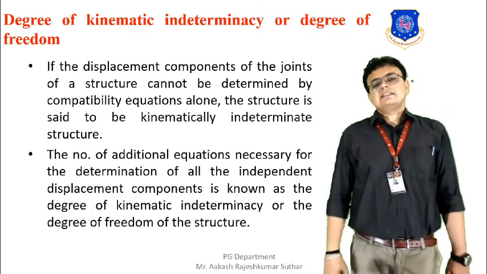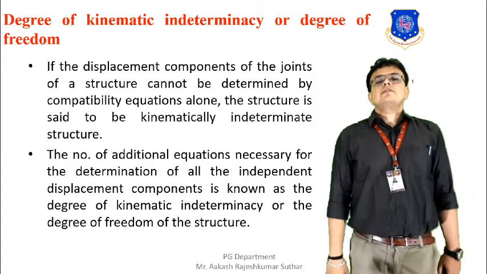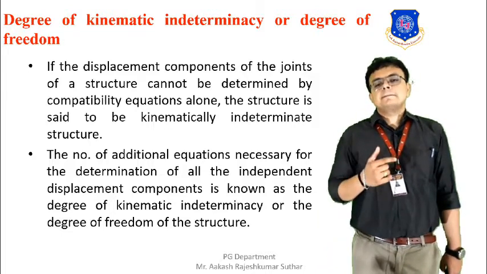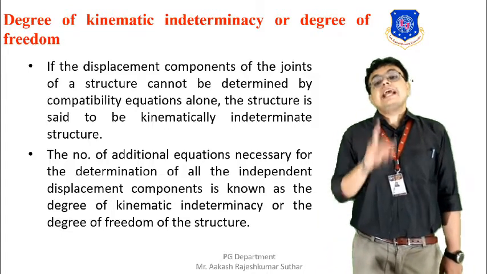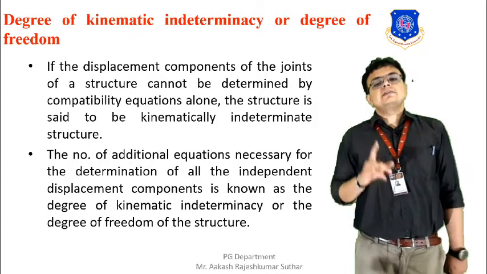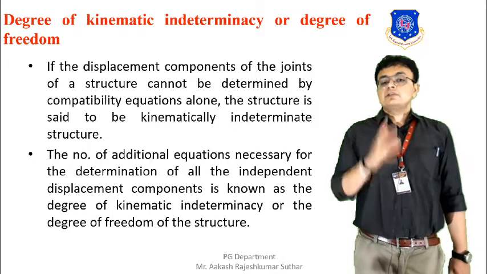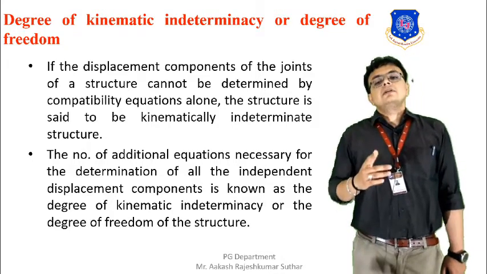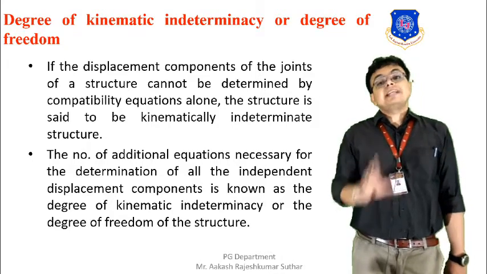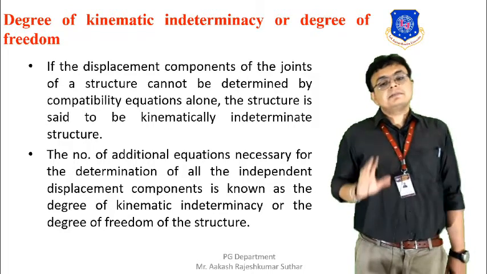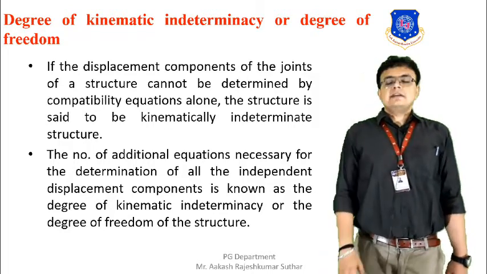Let's discuss in detail. If the displacement components of the joints of a structure cannot be determined by a compatibility equation alone, then the structure is said to be a kinematically indeterminate structure. If the displacement components cannot be found from the compatibility equation alone, then the structure is kinematically indeterminate.